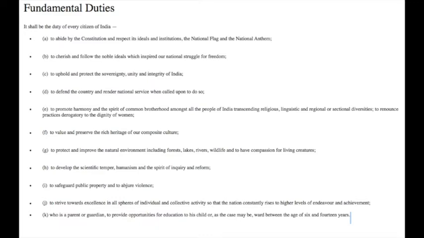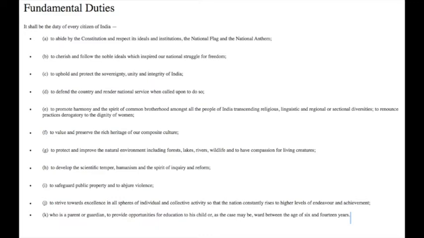And number three, to uphold and protect the sovereignty, unity and integrity of India. To uphold means to confirm and protect the sovereignty, unity and integrity of the state. India is one. Citizens have a duty to protect the sovereignty, internal and external freedom of a country, its unity and integrity.